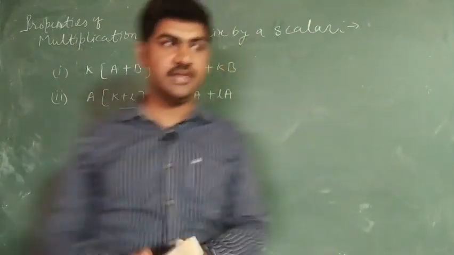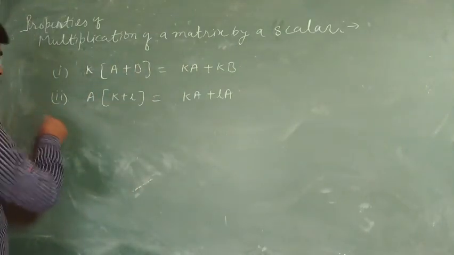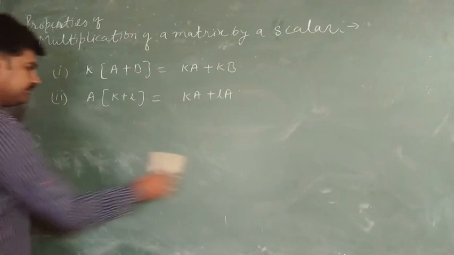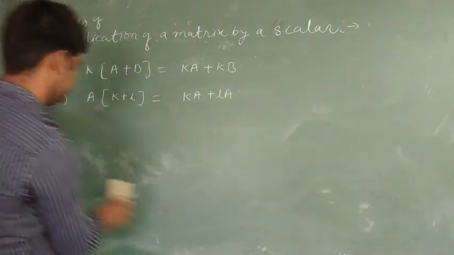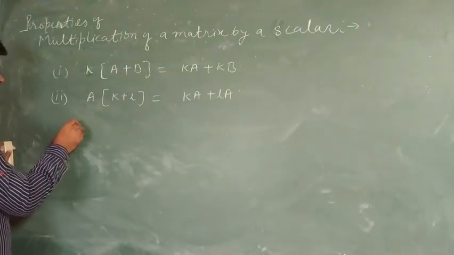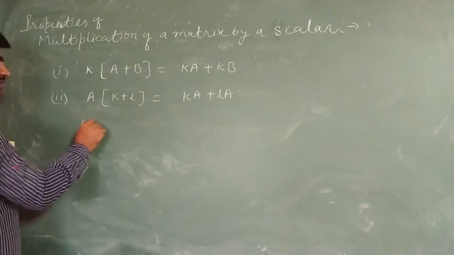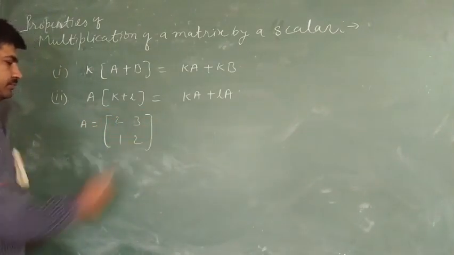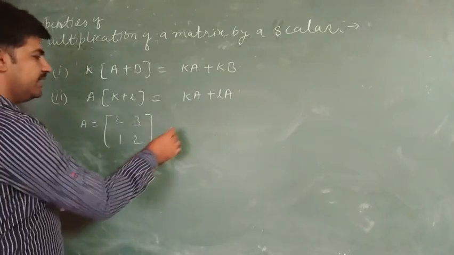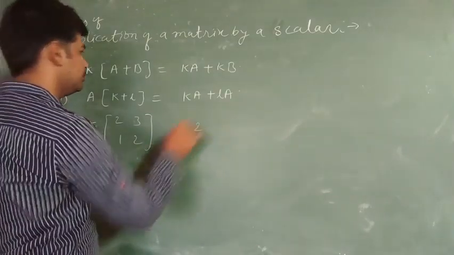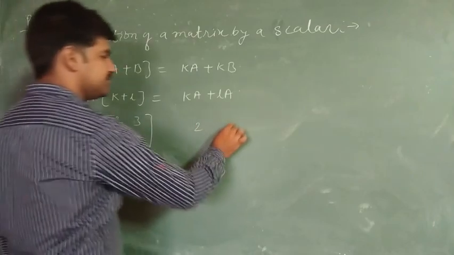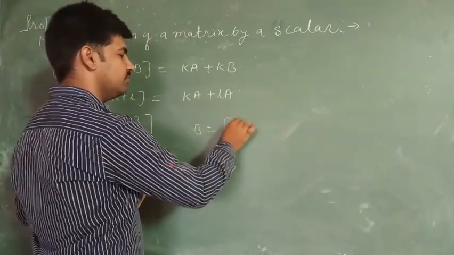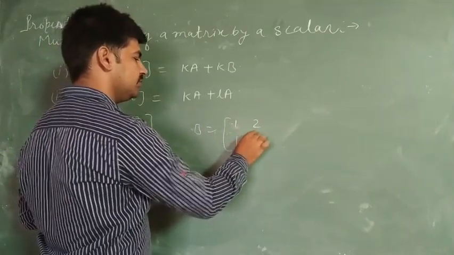For this also you can take some example. Suppose you are given a matrix A equal to 2 3 1 2 and a scalar 2, and another matrix B, 1 2 1 3.